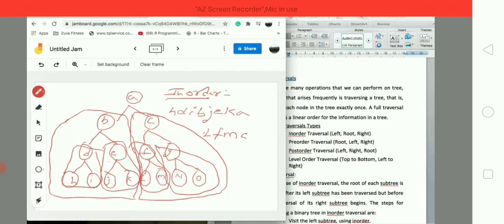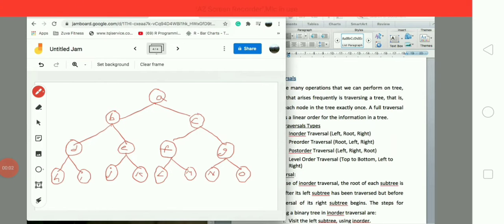After that we have to give N, because N is left side. After that root, after that right. So H, D, I, B, J, E, K, A, L, F, M, C, N, G, O. In this way, in-order, we can visit each and every node.